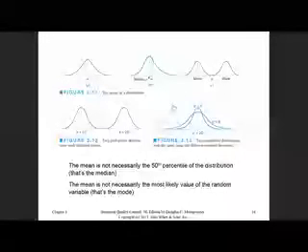The difference is very easily described here. The mean doesn't have to be the 50th percentile of the distribution, because that is the median. The median comes in the middle, regardless of the actual balance between the data, whereas the mean shows the actual balance between the data, and it doesn't have to be in the middle, as you can see here.